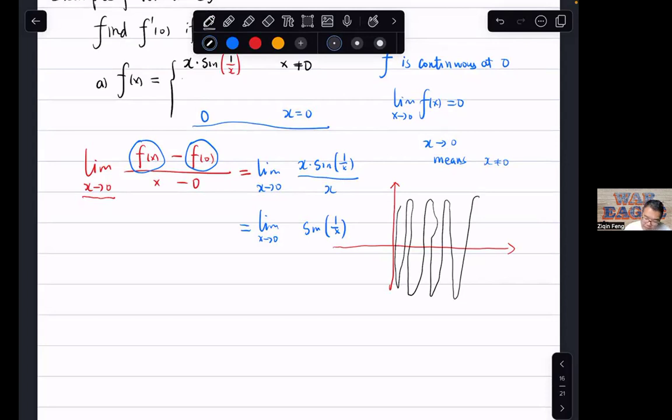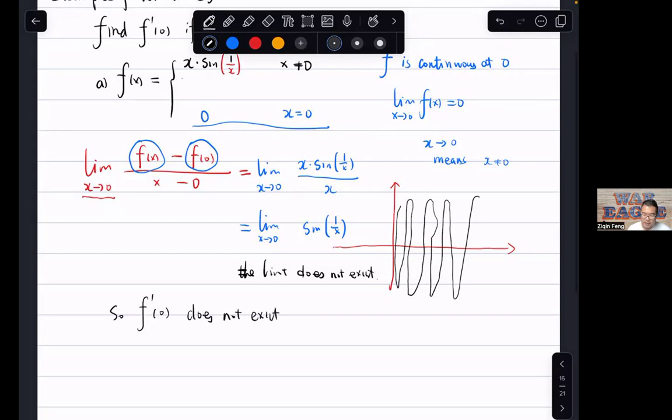This function doesn't go anywhere, which means the limit does not exist. So in the first case, f prime of 0 does not exist.